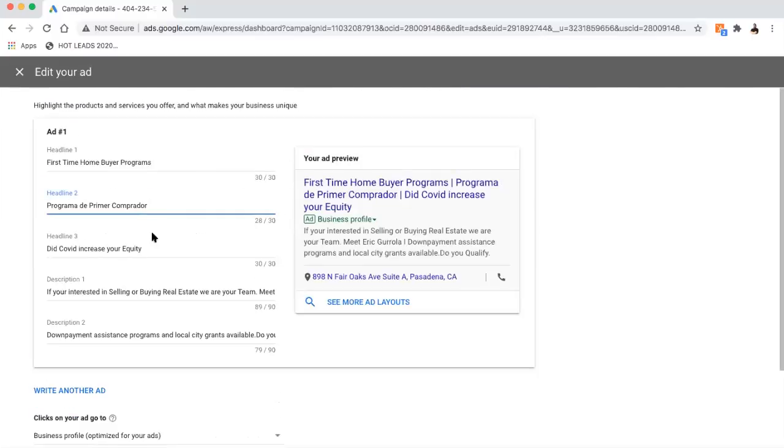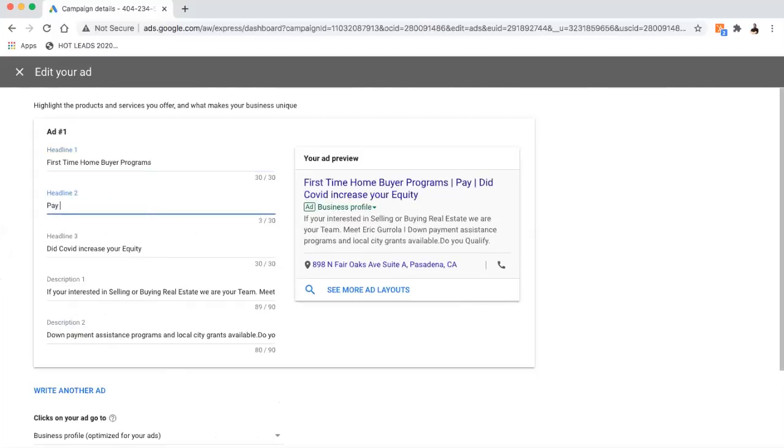Wow, this just rebooted, but why did it do this? Hold on. You can hear me okay, right? Yeah, I can hear you fine. Okay. So our first headline, first-time home buyer program, and then the second headline was pay 0 closing cost.